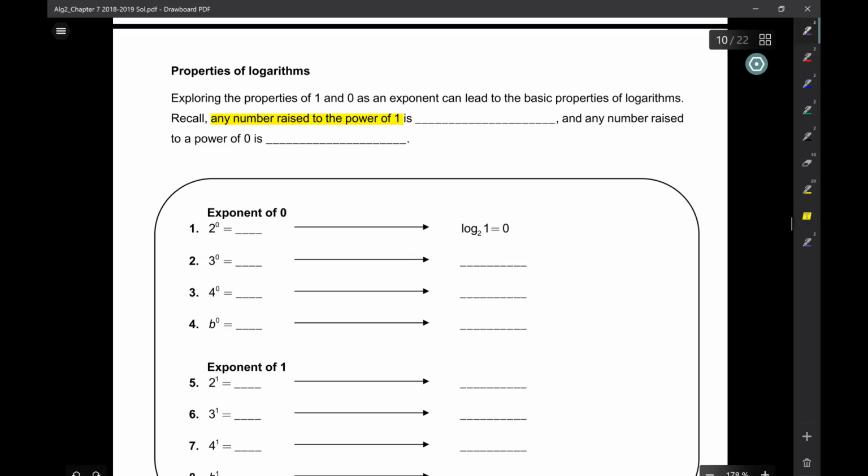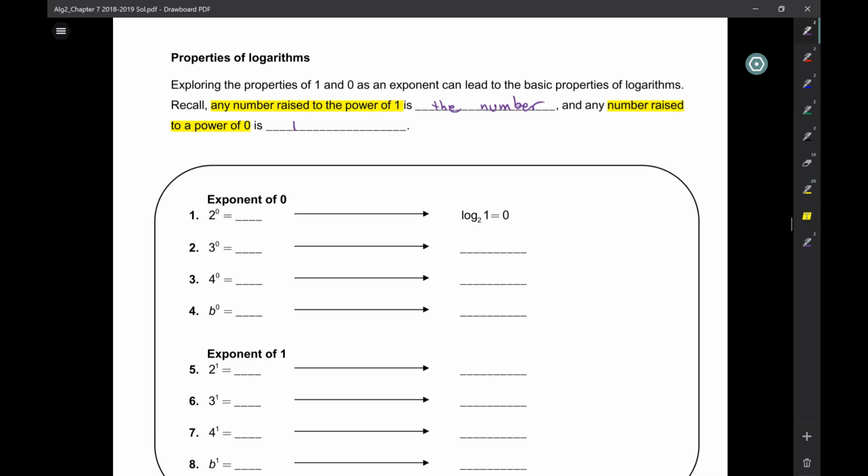The number. Itself, yeah, either. And any number raised to the power of 0 is 1. Okay? So, let's do some of these.